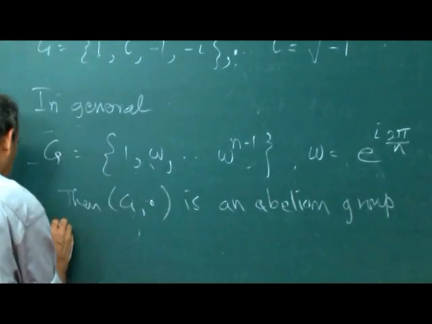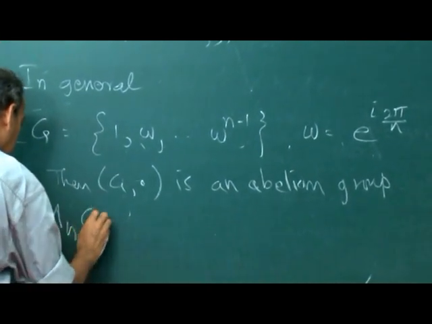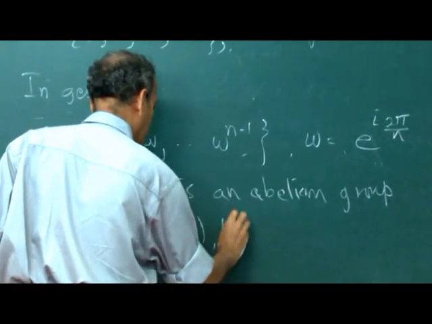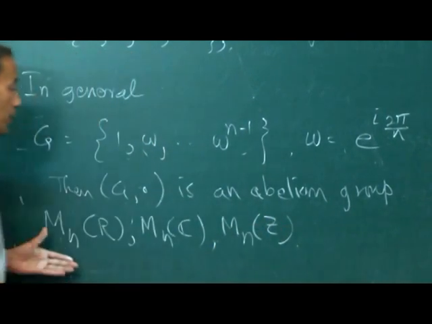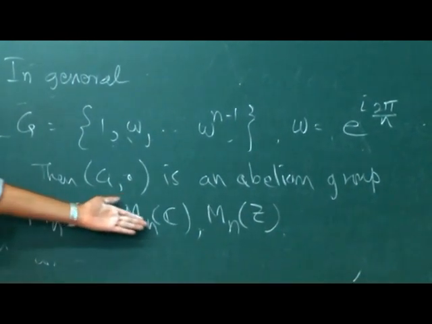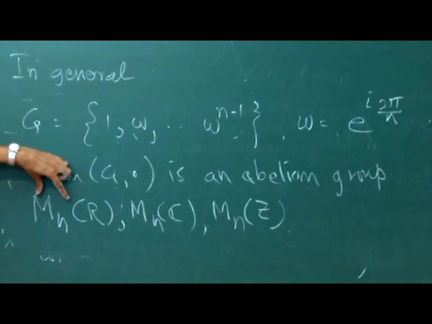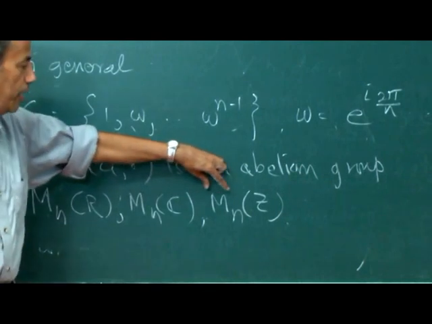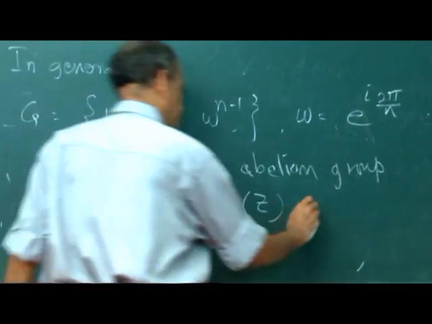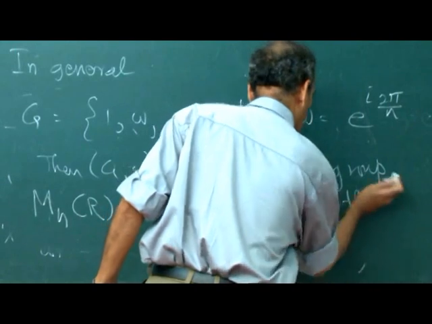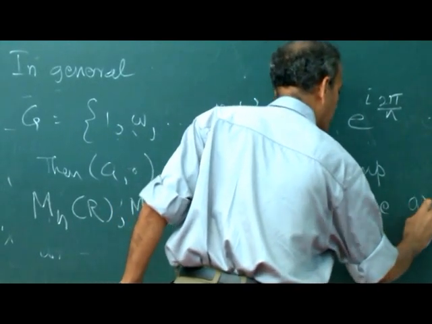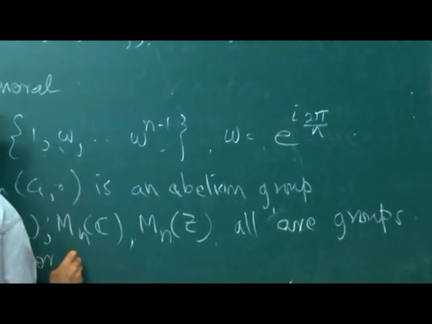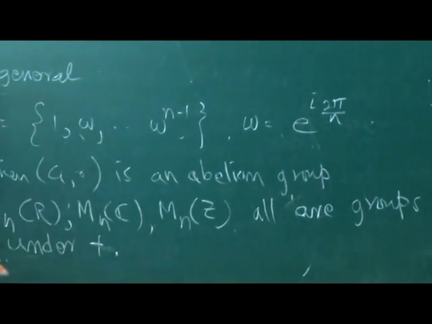Further, Mn(R), Mn(C), Mn(Z), where Mn(R) is n by n matrices over R, n by n matrices over C, and n by n matrices over Z. All are groups under addition, addition of matrices.